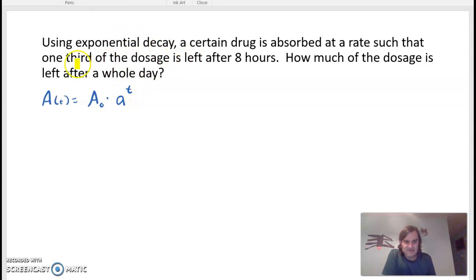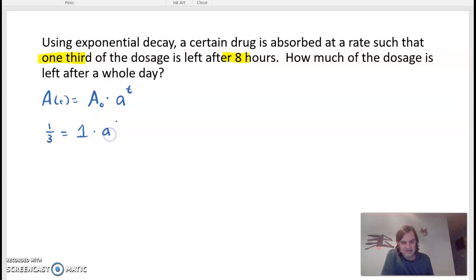So things we have here is that after 8 hours, 1/3 is left. So we got to write the function, get the parts that we need. So 1/3 will be left of 1 dosage. So 1 dosage, 1/3 of it will be left in the bloodstream.